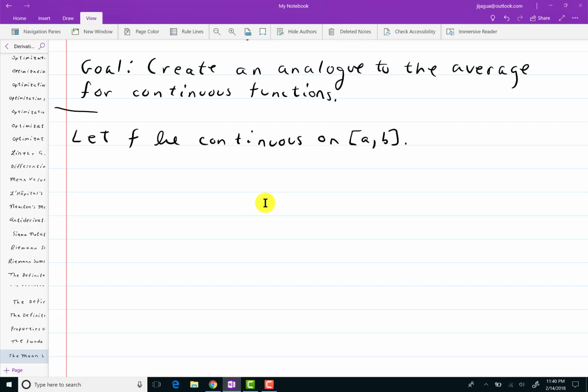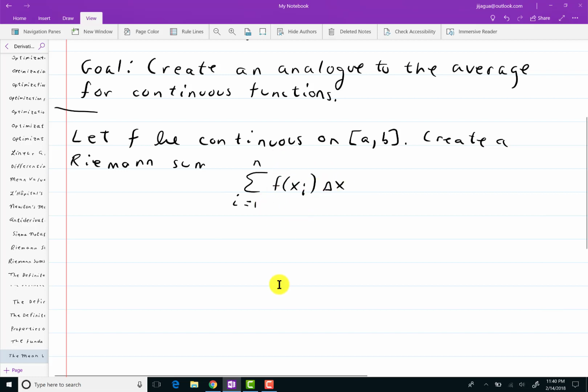So first, create the Riemann sums like we normally do. Create a Riemann sum, i equals 1 to n, f of x_i times delta x. And I'm thinking right-hand endpoints would be fine. There would be no problem with it at all.